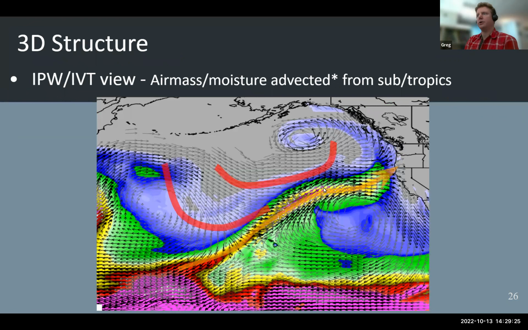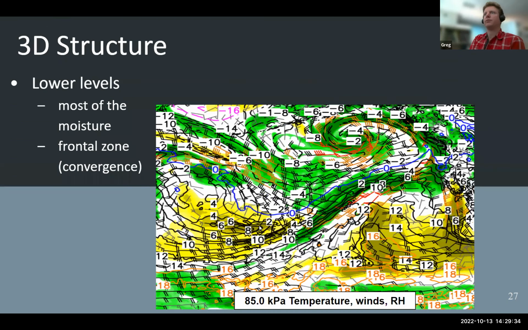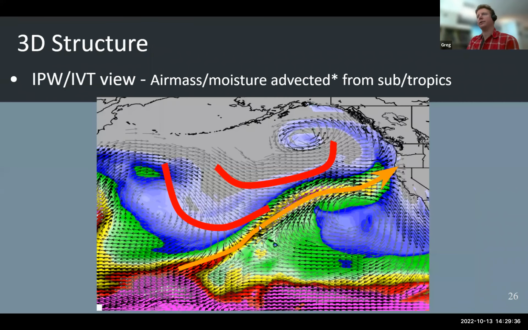And then this is just overlaying those same lines with the IVT plot, so you can see what that looks like at the low levels. The other thing is I've been saying advected from the subtropics and tropics, and there's an asterisk on that because that's a bit complicated, and I'll talk about that more later.